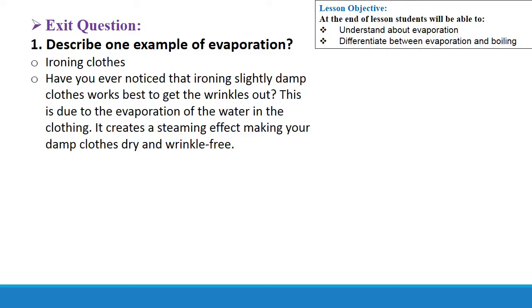Ironing clothes: have you ever noticed that ironing slightly damp clothes works best to get the wrinkles out? How does it actually happen? I told you, this is due to the evaporation of water in the clothing. It creates a steaming effect, making damp clothes dry and wrinkle free. So this is how evaporation works. This is an example of evaporation.